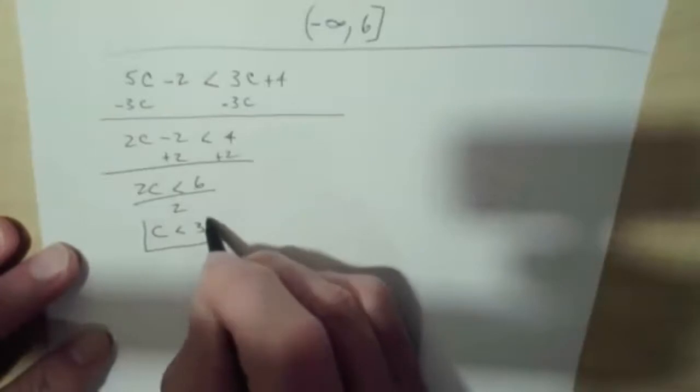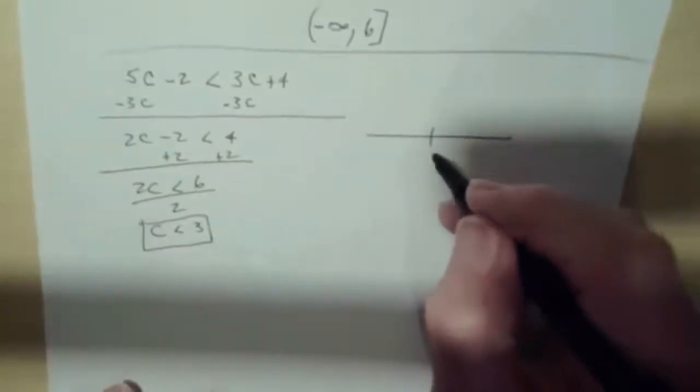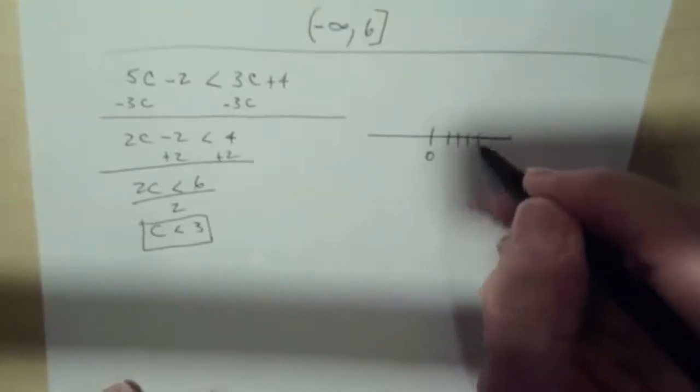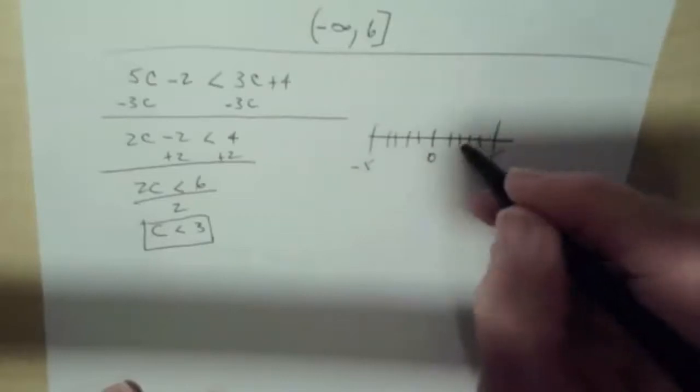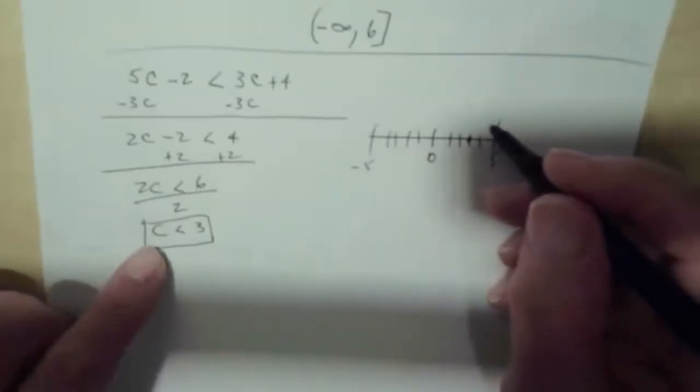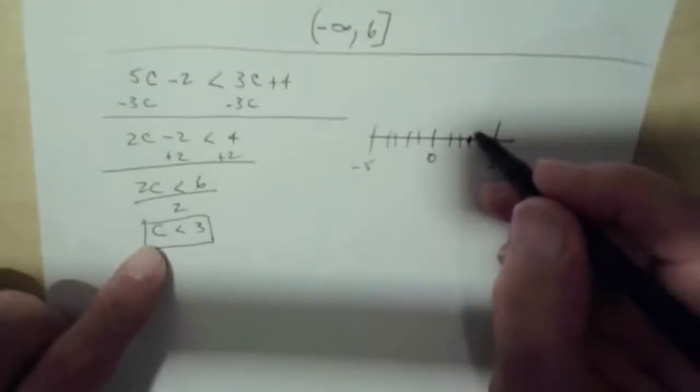Okay, now when you graph it, here's 3. Now C is less than 3, so we're going to use a parenthesis opening this way.